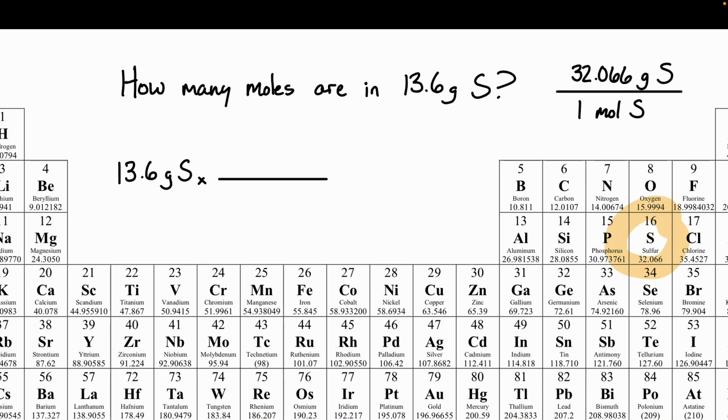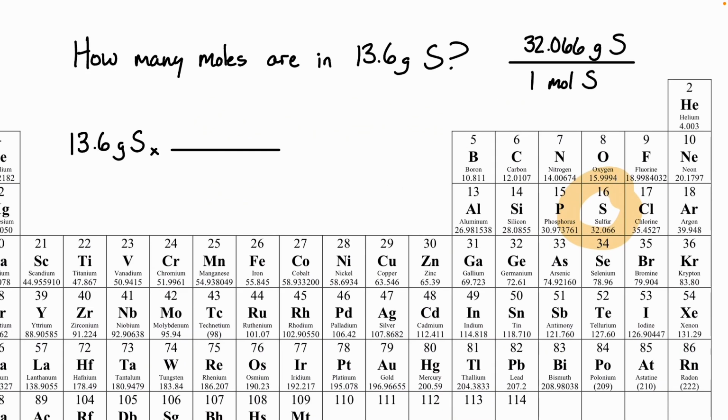So just like with every other conversion factor that we build, we can use it as is, or we can take it and flip it upside down, depending on what units we're trying to cancel out. So in this case, I'm trying to cancel out grams. So that 32.066 grams of sulfur will go on the bottom, and the mole of sulfur on top. So now I'm going to take it into my calculator, punch the 13.6, and divide it by that 32.066.